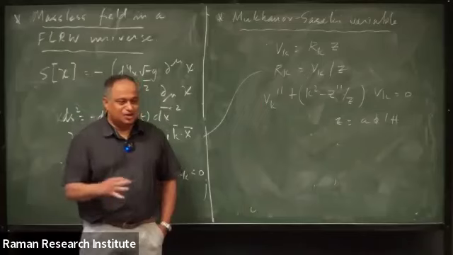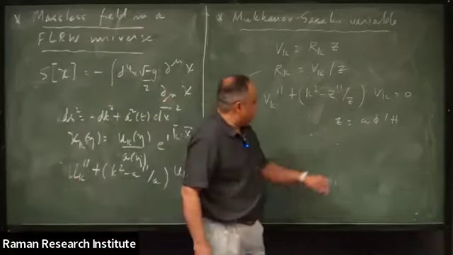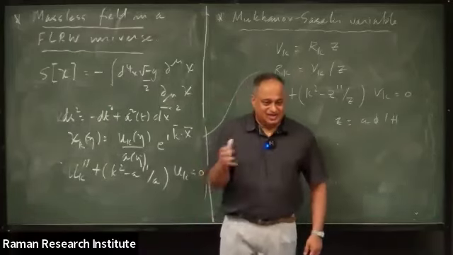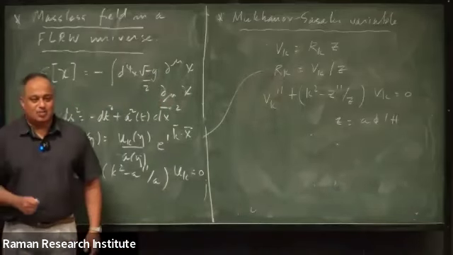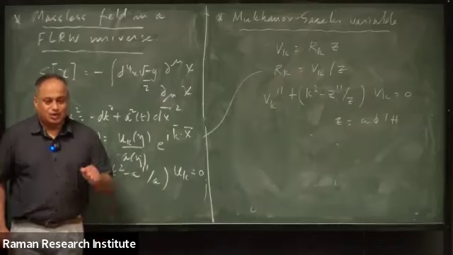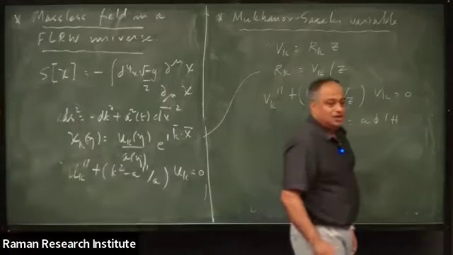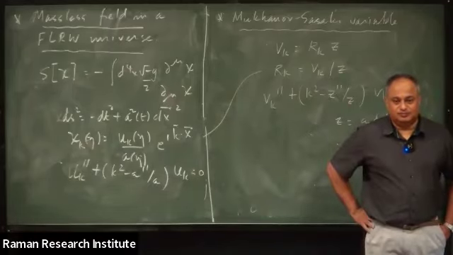If you have scribbled in your notes, you should be able to find out. It goes as 1 over t. So in power law inflation, z is proportional to a, and we can easily obtain solutions. Slow roll inflation requires a little more effort. We'll come to that. With those remarks, I'm sorry for taking a few minutes longer. I'll stop here. I'll be glad to answer a couple of questions before we break for coffee.